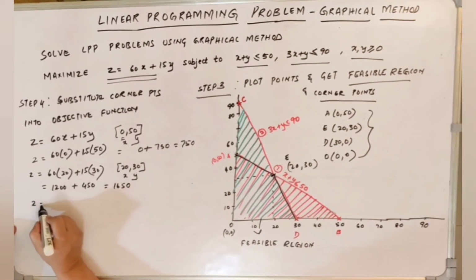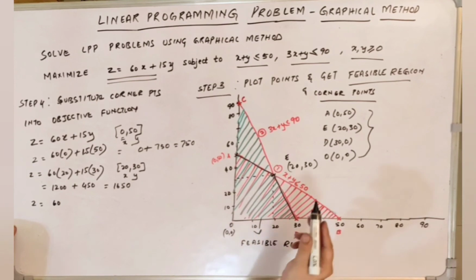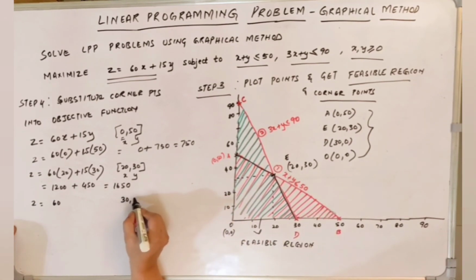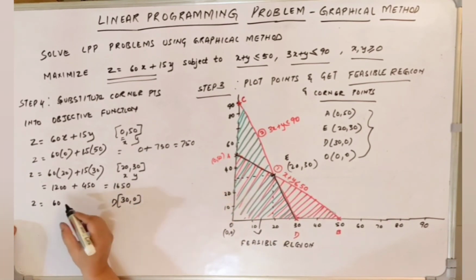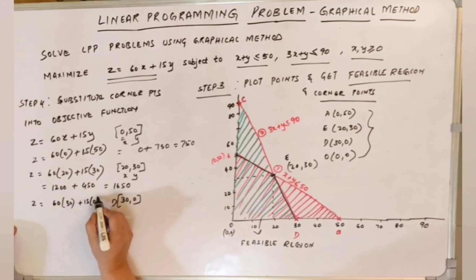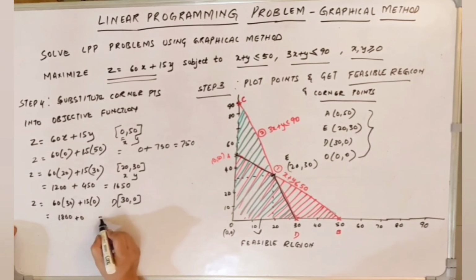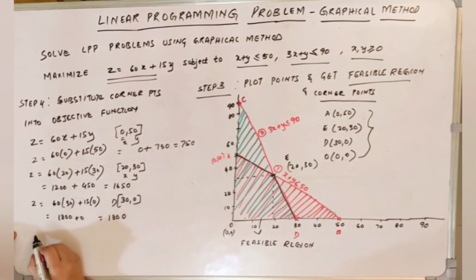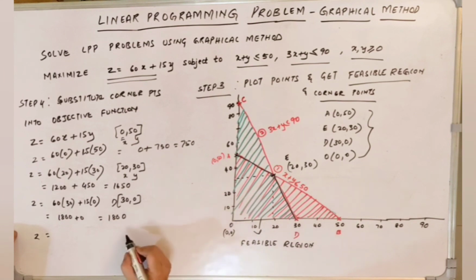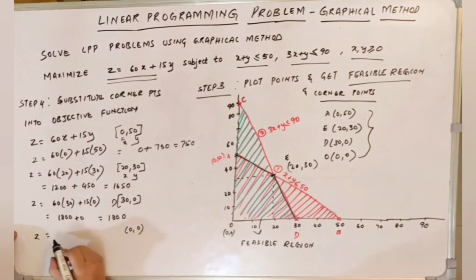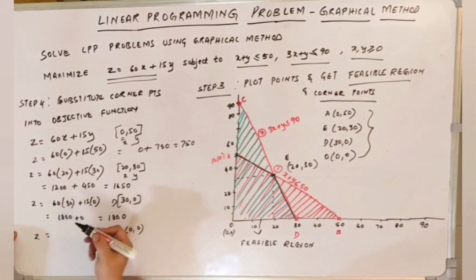Let's take the third point, point D, 30 and 0. So x is 30, y is 0. We get 1800 plus 0, so 1800 is the answer. Now let's take the fourth point, which is origin 0, 0. It's going to be 0 because when you put x and y as 0, this is going to be 0.